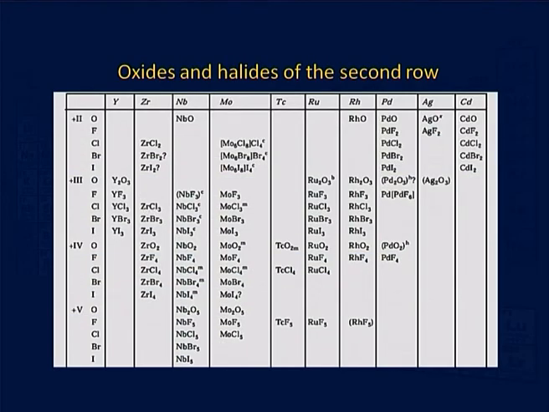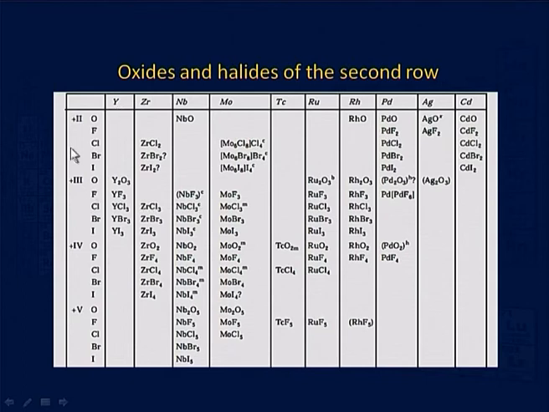The stoichiometric oxides and fluorides of the second and third row elements are given in the next table. The elements osmium and ruthenium show maximum oxidation state with oxygen and with fluorine in their compounds. Now let us inspect various oxides and halides of the second row transition series elements.